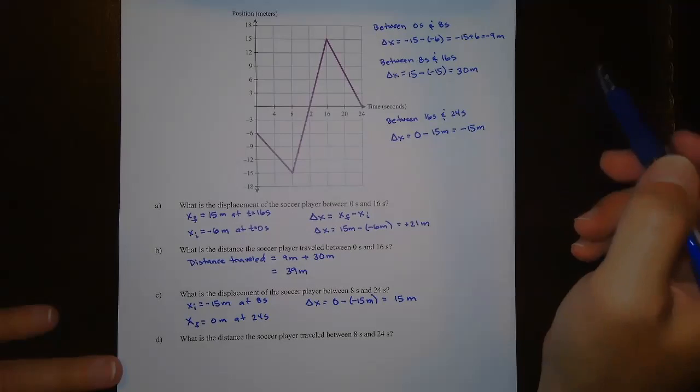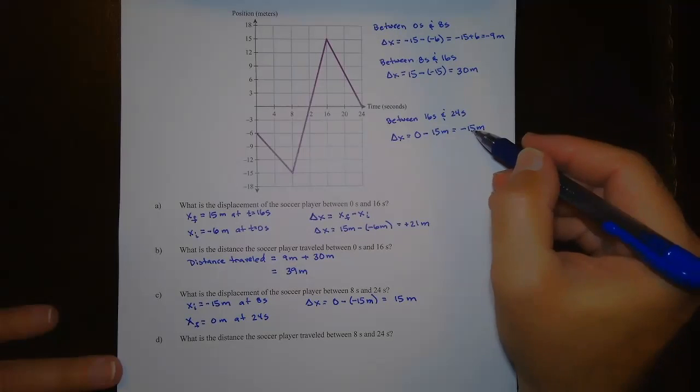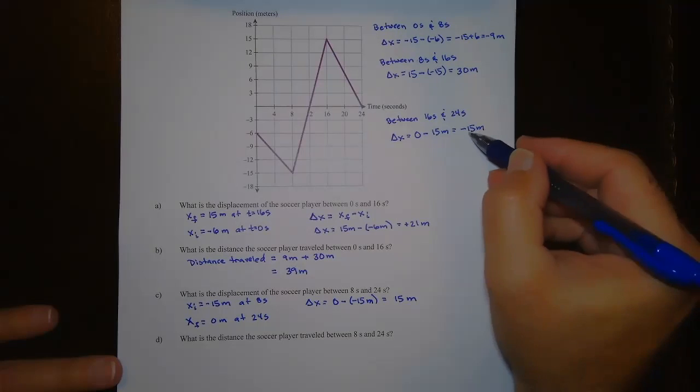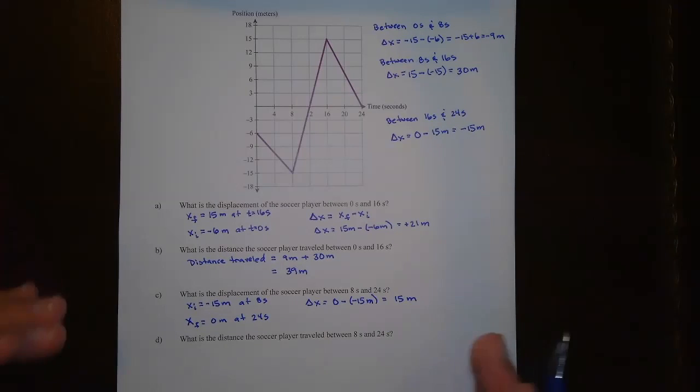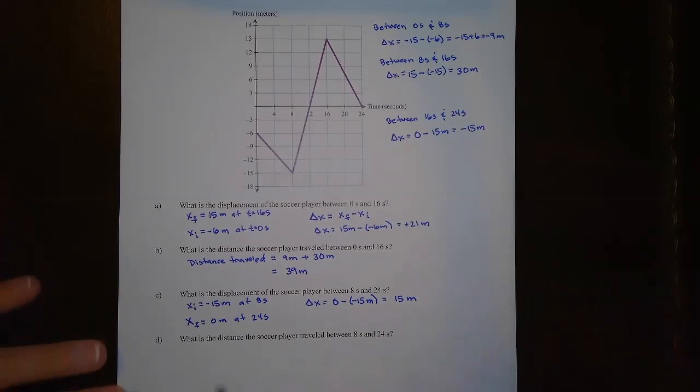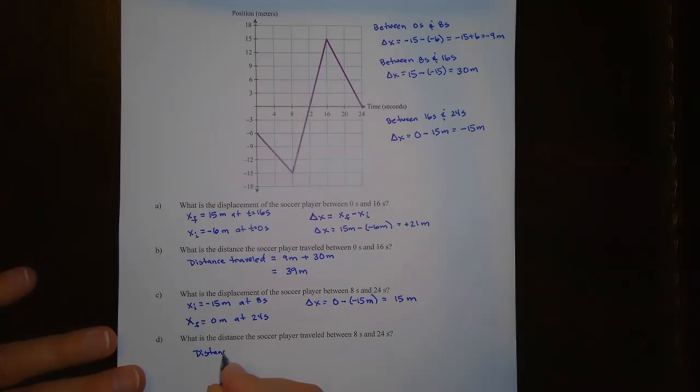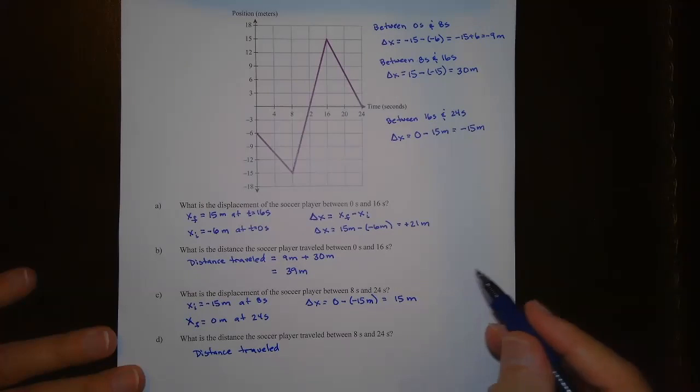Okay, now that means the change is negative 15. He traveled 15, but in a negative direction, which would mean, in this case for the soccer player, left probably, okay? So the distance traveled, we got to figure out how far he traveled from 8 to 16 seconds. And then from 16 to 24.